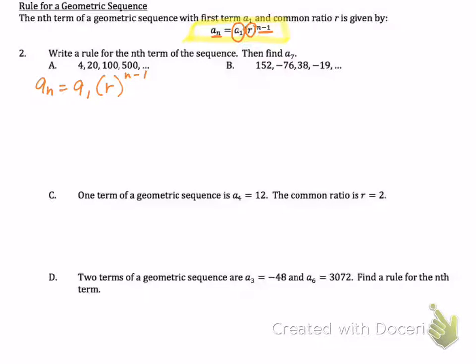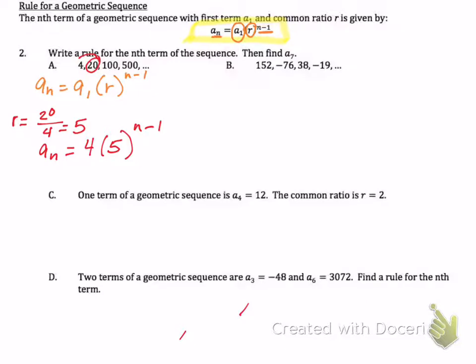So to find my ratio, I'm going to take my second term and divide it by the first term. So r equals 20 divided by 4, which is 5. So my generic formula would be a sub n equals a1, which is 4, times 5 to the n minus 1.